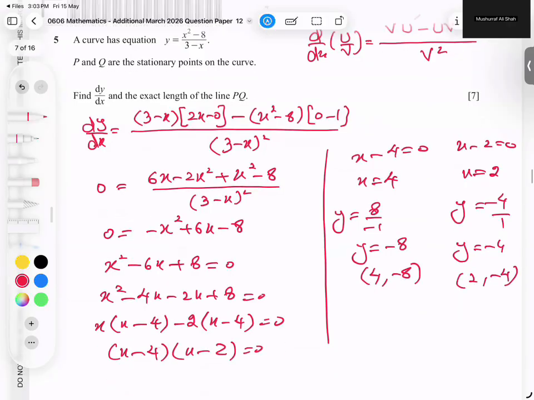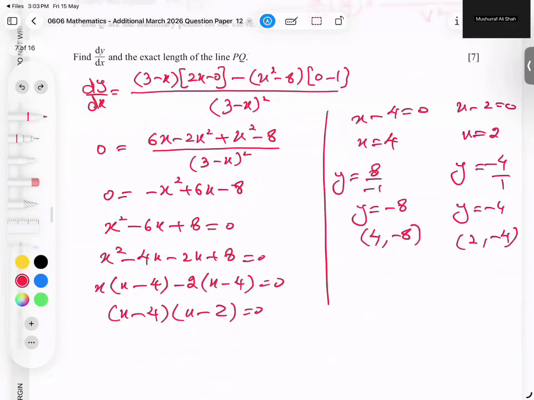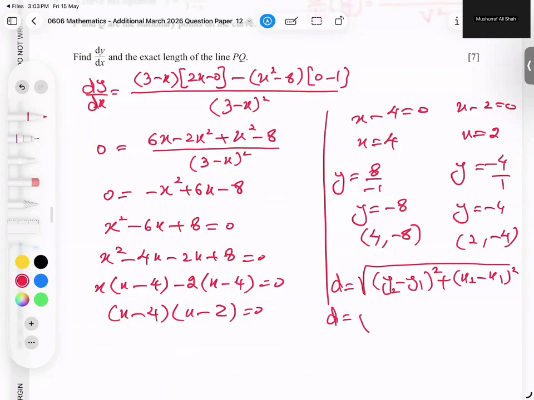Now, students, we have to find the distance, and the formula of length is very clear. I'm writing the formula first of all: y2 minus y1 whole square plus x2 minus x1 whole square. I can start from any one value. So starting from here, y2 is this, so negative 4, and negative and negative give you positive.